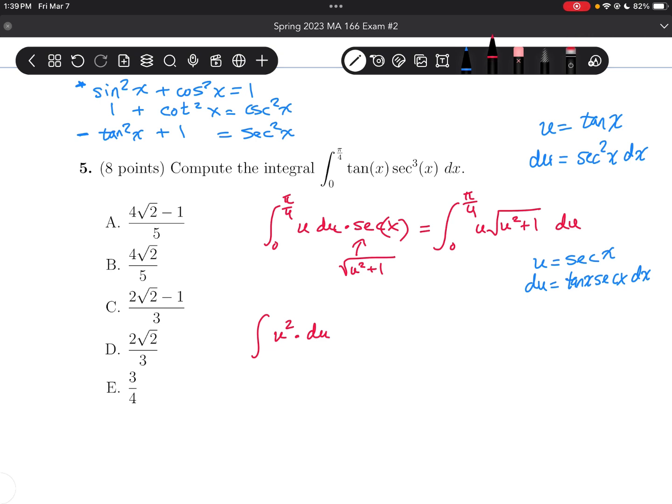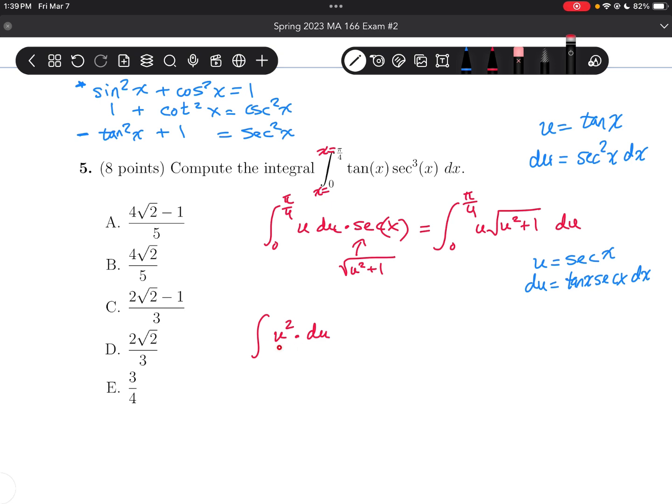Okay, and the last step is to figure out the lower and upper bounds. So the lower and upper bounds that we have here are 0 and pi over 4. But since this integral is in terms of x, we're doing dx. That's like saying the lower bound is x equals 0 and x equals pi over 4.